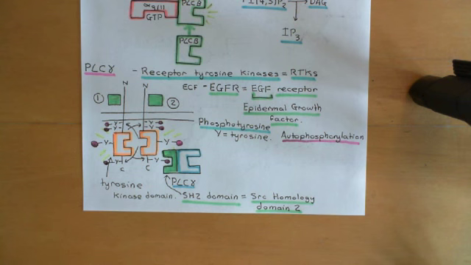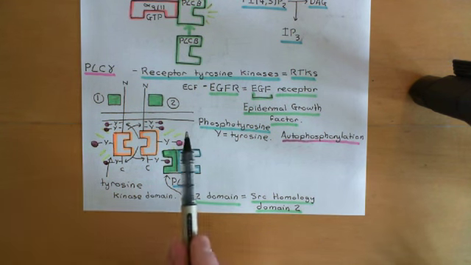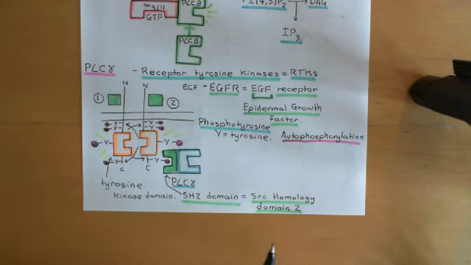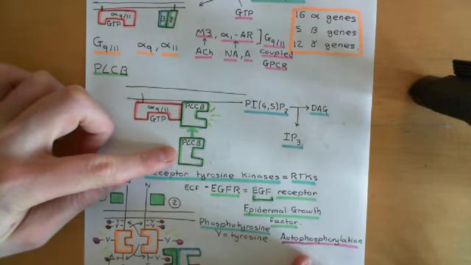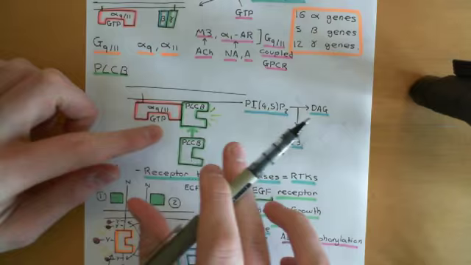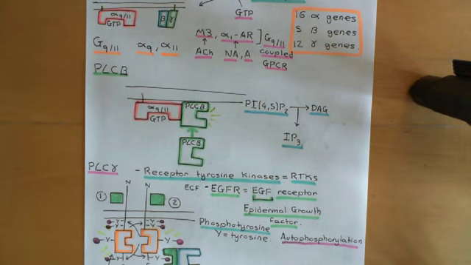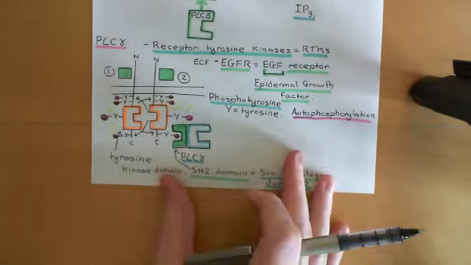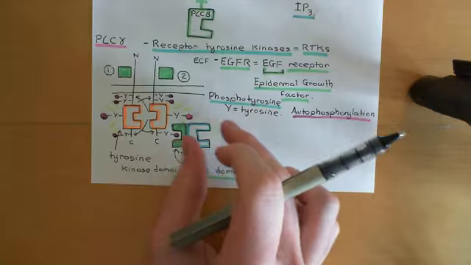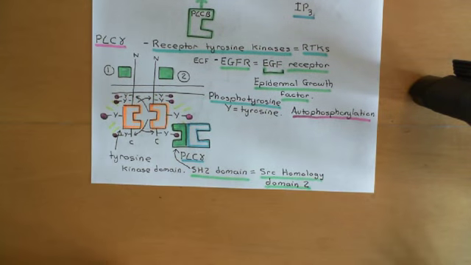It's not like phospholipase C beta, which could move between floating around in the cytoplasm and being attached to the underside of the phospholipid bilayer. Phospholipase C gamma isn't that skilled. It can only float around in the cytoplasm.